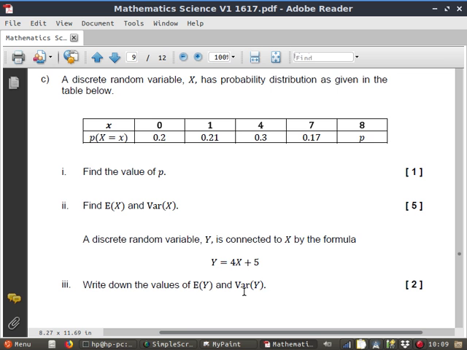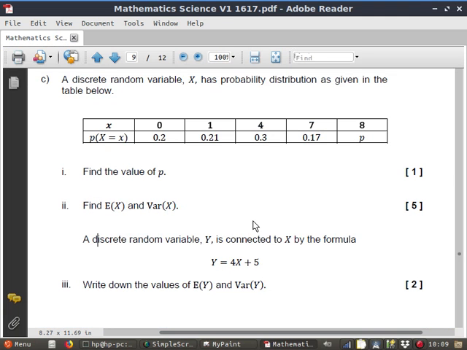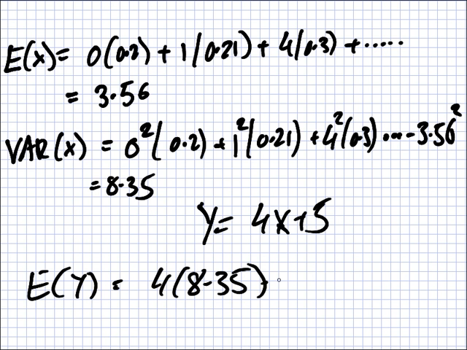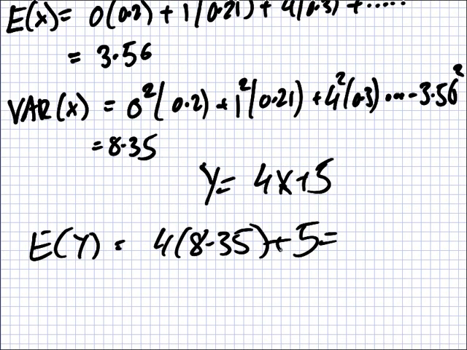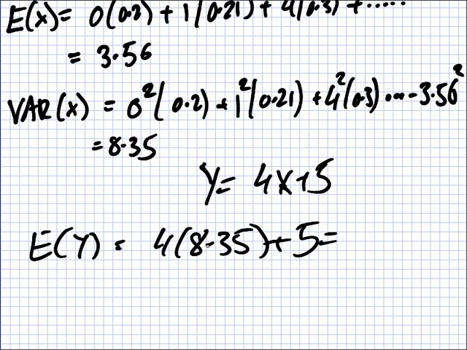Find the expected value of Y and variance of Y if Y equals 4X plus 5. So the expected value of Y would just be 4 times 3.56 plus 5. What's that?